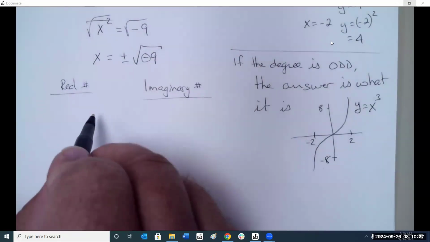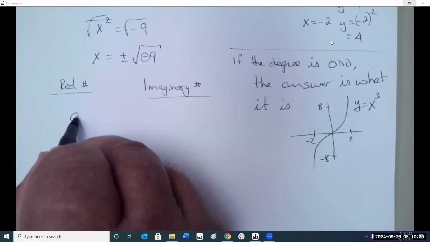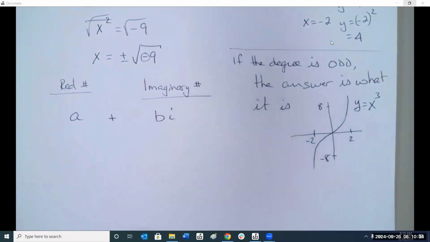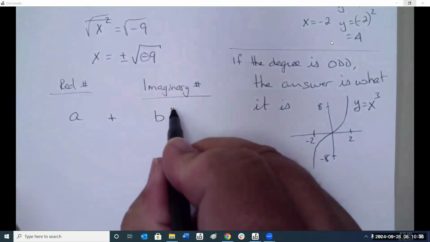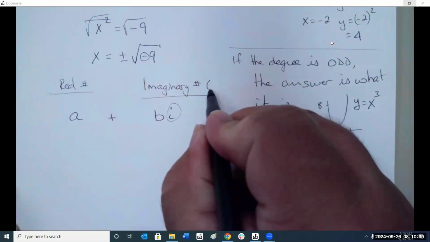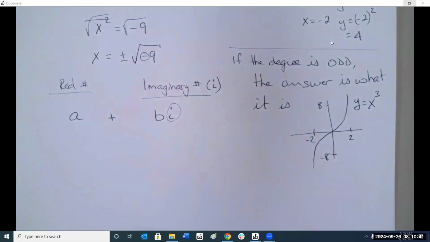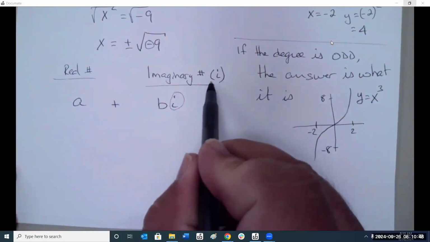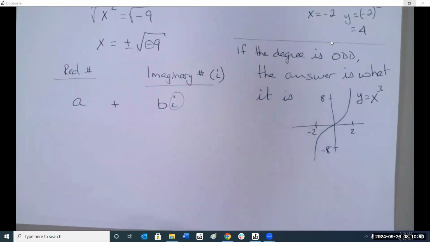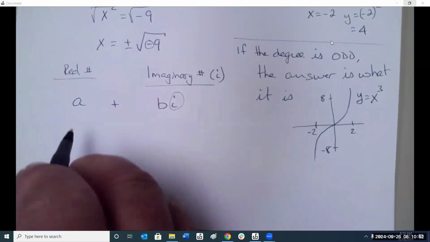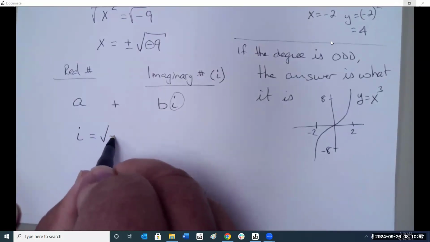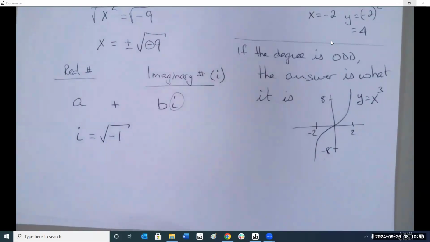So what we're looking at is every number can be expressed in this form. We now have what are called imaginary numbers, the letter i. Every number is made up in this format. i stands for the square root of -1.